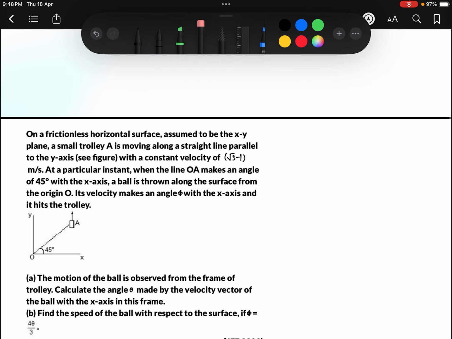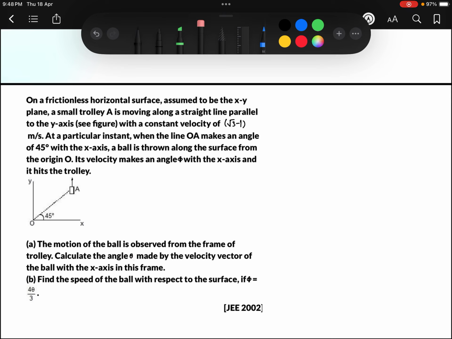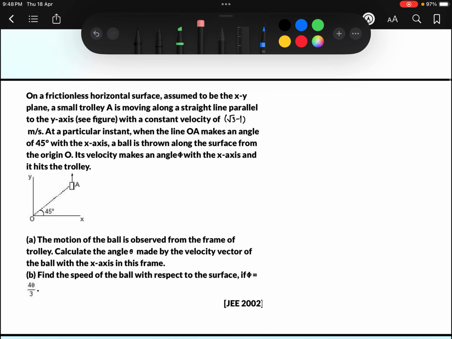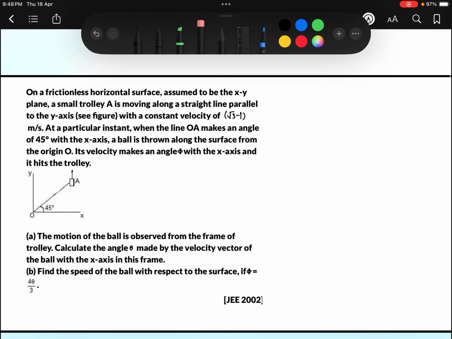This is a question from the topic relative velocity that is being asked in the IIT JEE. So what is the question? On a frictionless horizontal surface, assumed to be the xy plane, a small trolley A is moving along a straight line parallel to the y-axis.